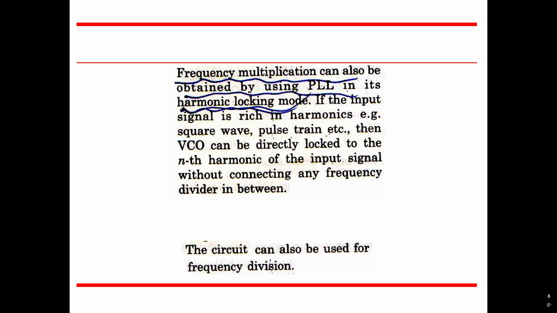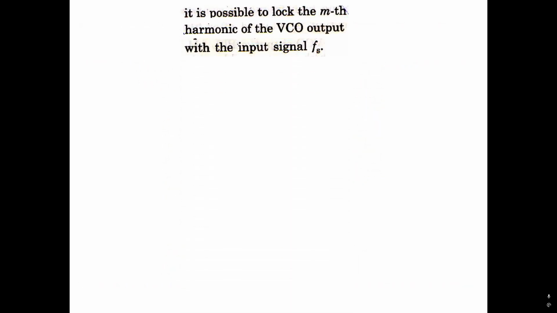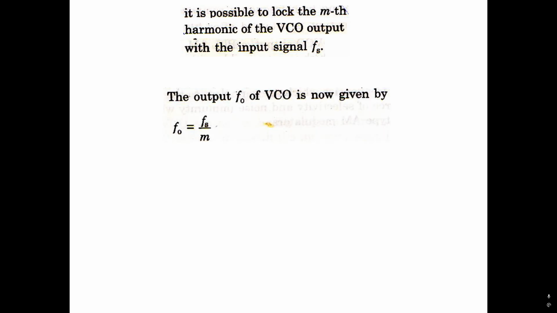The circuit can also be used for frequency division. It is possible to lock the mth harmonic of the VCO output with the input signal Fs. The output F0 of the VCO is now given by F0 = Fs / M.